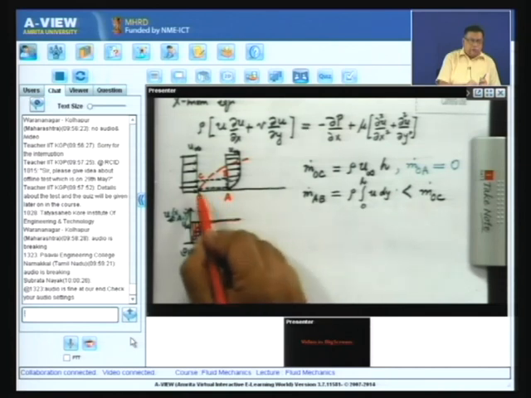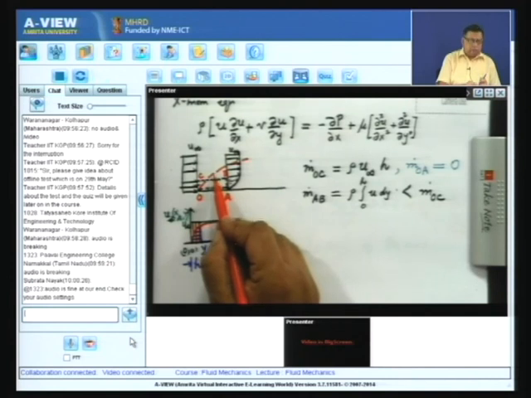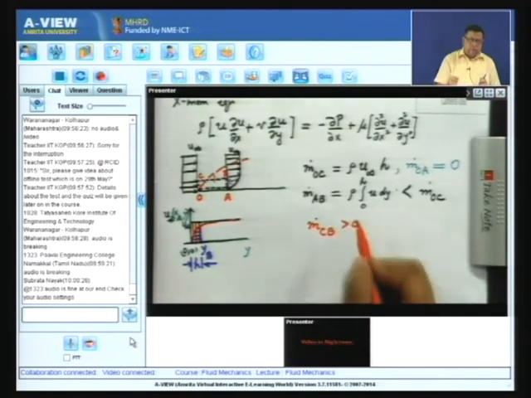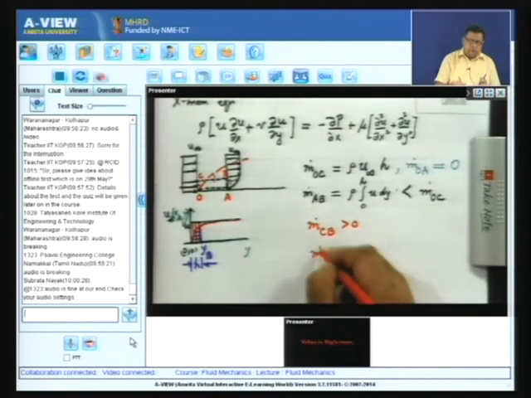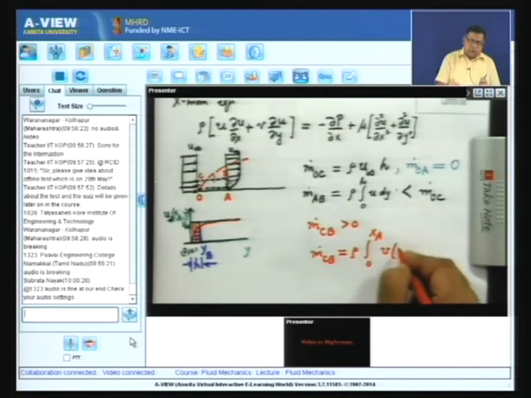Now, if you have a case where more mass is entering per unit time through this face than is leaving here, what will happen to the remainder? It has to go out through this from mass conservation. That means that m dot CB must be positive, but m dot CB will be this constant density into integral 0 to a of v of x comma h dy.